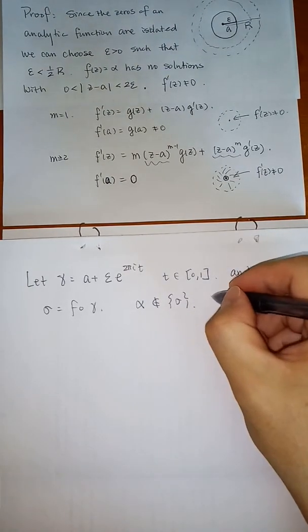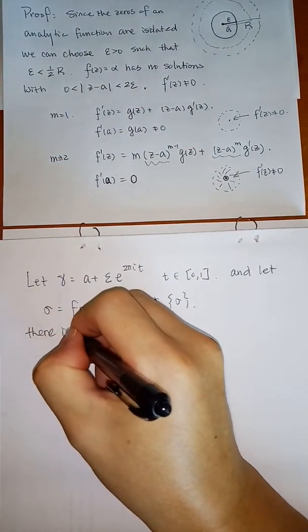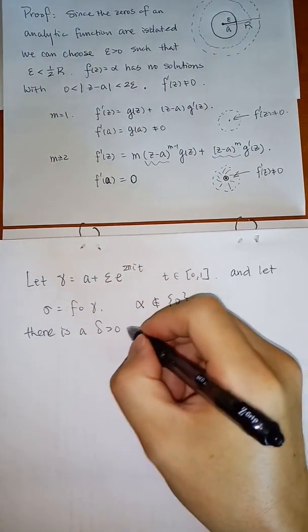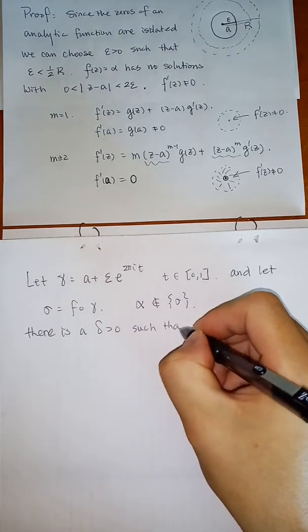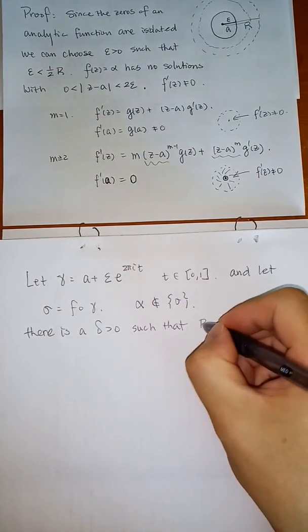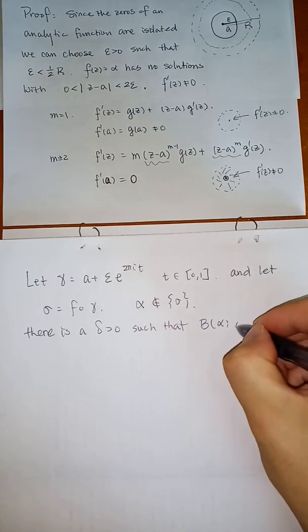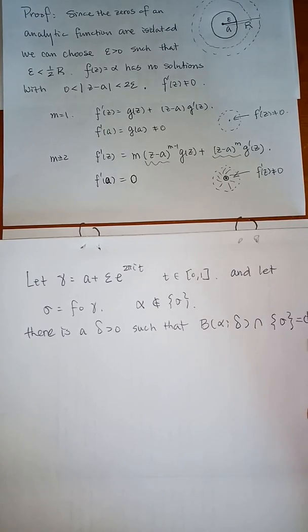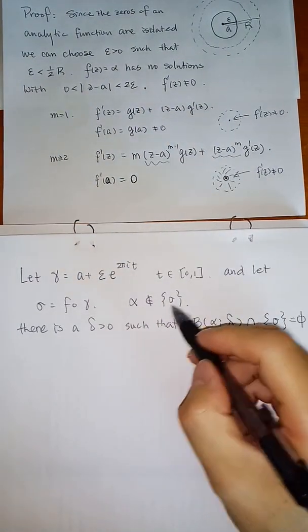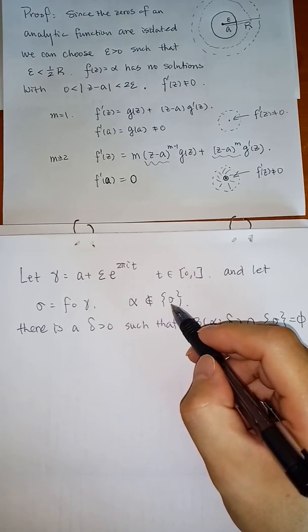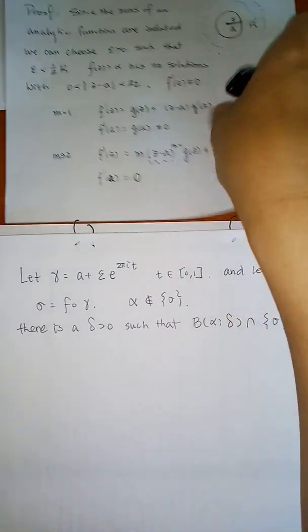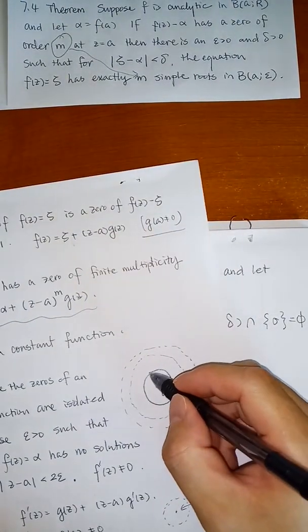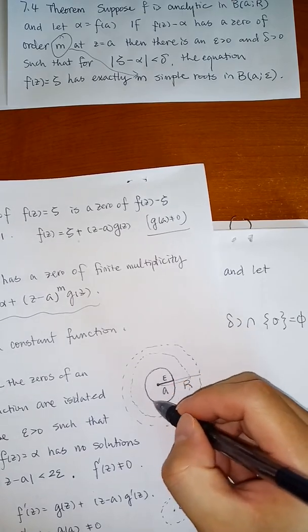Then there is a delta greater than 0 such that the ball centered at alpha with radius delta intersect the trace of sigma is empty. Why is alpha not in the trace of sigma? If it were in the trace of sigma, it would mean there is a solution over this closed disk.